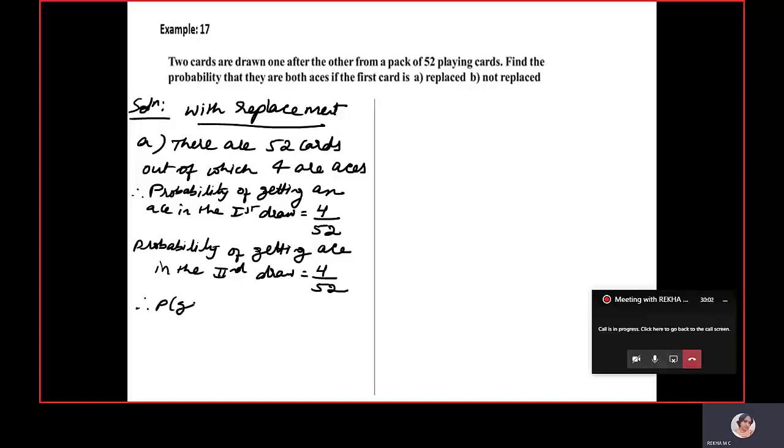Therefore, the probability of getting 2 aces is equal to an ace in the first draw and an ace in the second draw. That is equal to 4 by 52 into 4 by 52, which is 1 by 13 into 1 by 13, that is 1 by 169.